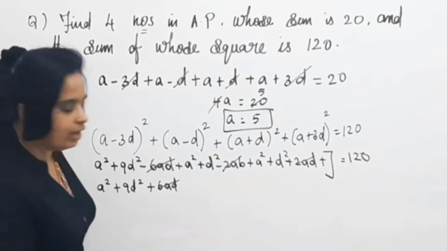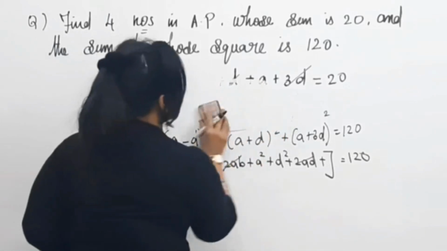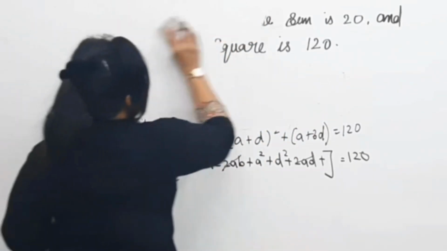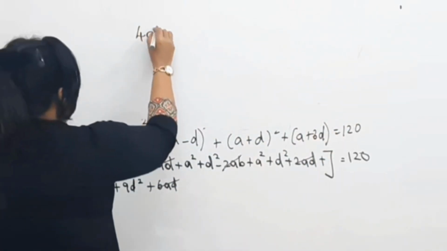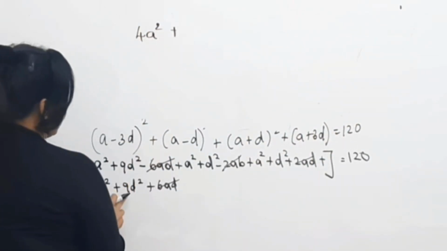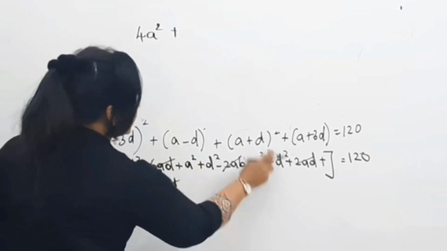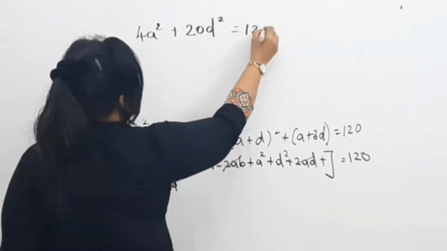So I will have 4a square plus 9d square plus d square plus d square plus 9d square, that is 10, 11, 20d square. So 20d square is equal to 120.